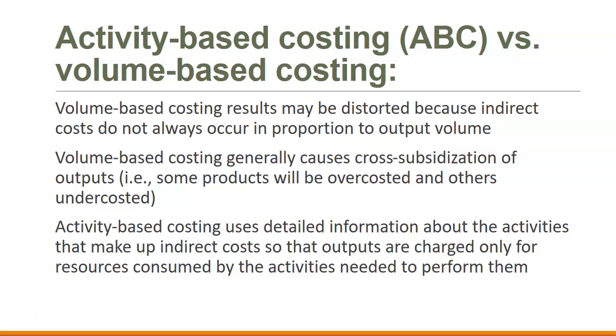Activity-based costing gives us more accurate costs by thinking about what makes up our indirect or overhead costs, what drives those overhead costs, and what's a better indicator of how products use our resources.